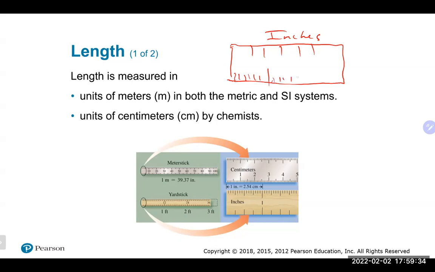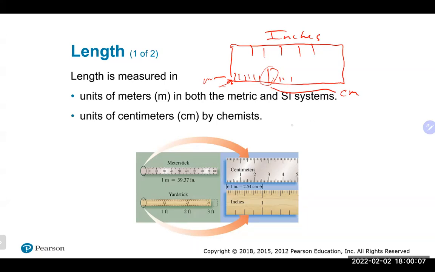The big marks on the bottom are typically centimeters, and the really small marks are millimeters. There are 10 millimeters in a centimeter. So the really small markings on the bottom of the ruler are millimeters, the bigger ones are centimeters, and the inches are usually on top, spread out a little bit more.